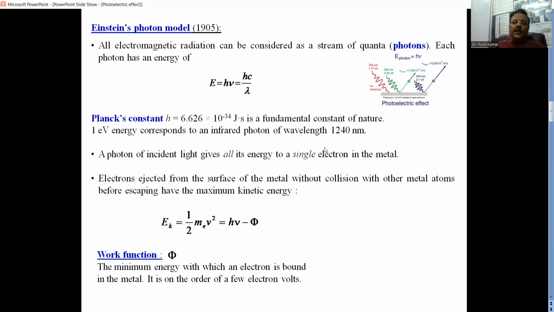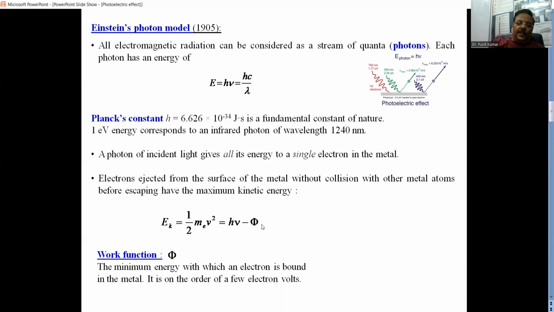So electrons are ejected out of the surface of the metal without any collision with other metal atoms before escaping, and the kinetic energy of the emitted electron is given as ½mₑv², where mₑ is the rest mass of the electron. hν is the energy of the incident photon.